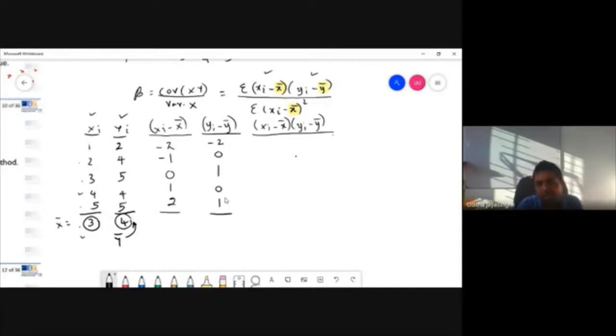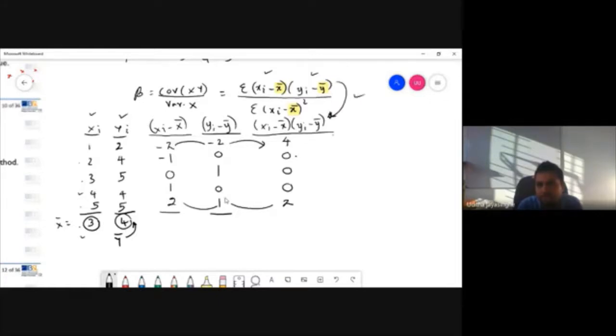Negative 2 into negative 4 is going to be positive 4. Negative 1 into 0 is going to be 0. Wherever zeros are there, the multiplication is going to be 0. 2 into 1 is going to be 2. This is how I calculate the multiplication. So logically, this part is done and complete.